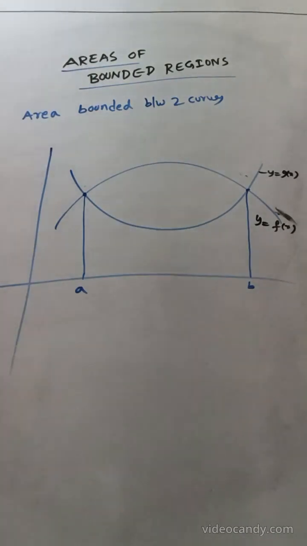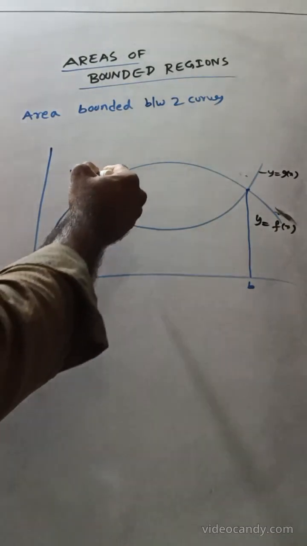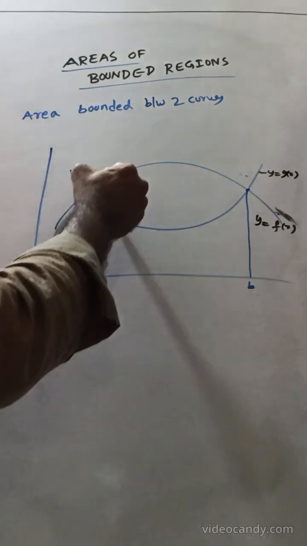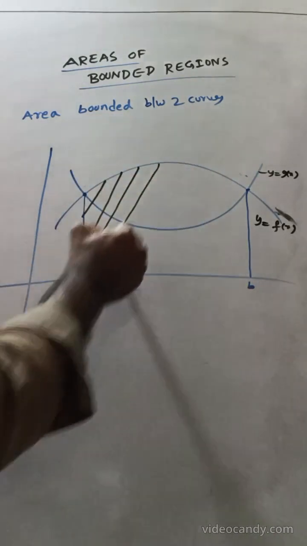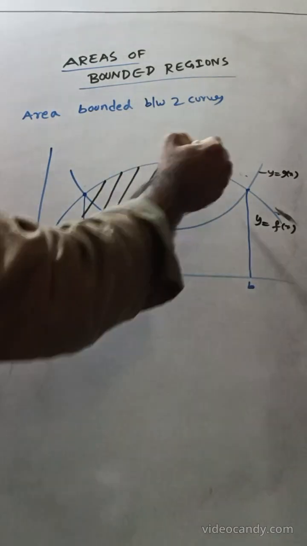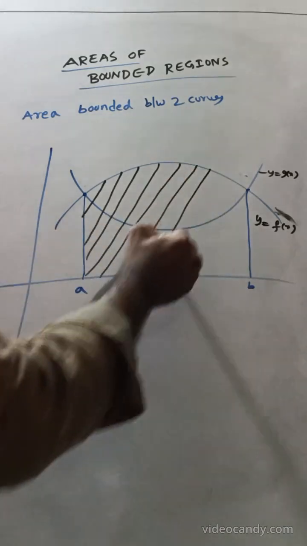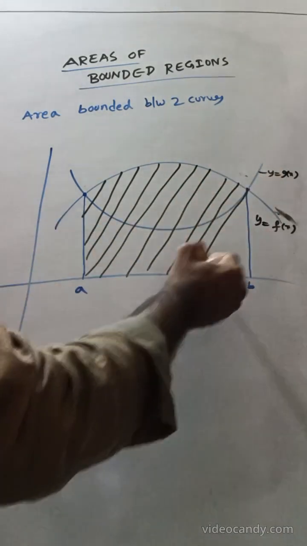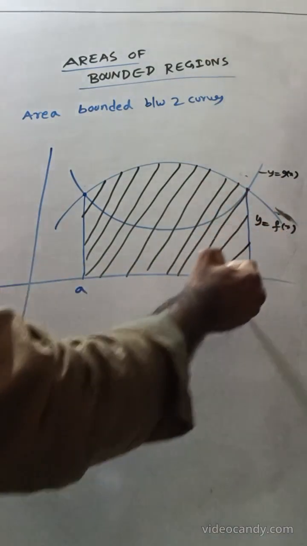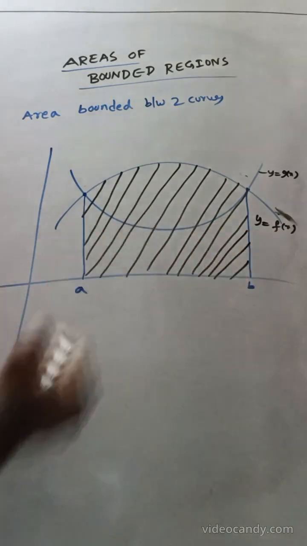This area, clear. So now first, the area bounded by the curve f of x. See, this is the area bounded by the curve f of x with the x-axis.